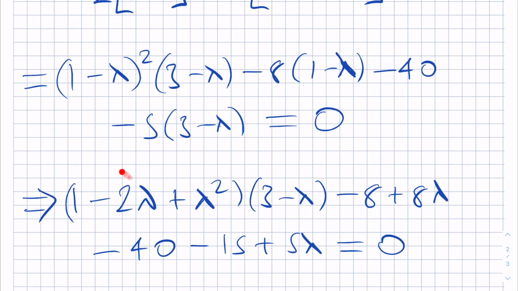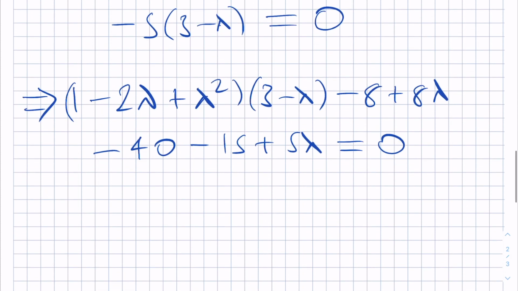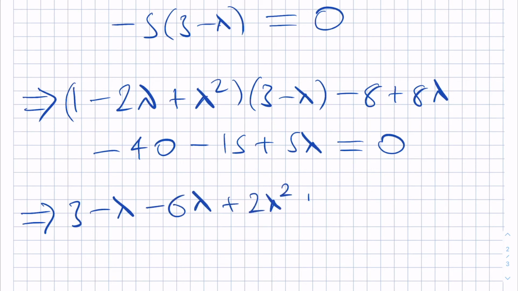Next, we expand out these brackets here, and so we will have 3 minus lambda minus 6 lambda plus 2 lambda squared plus 3 lambda squared minus lambda cubed. And then let's collect these things all together.